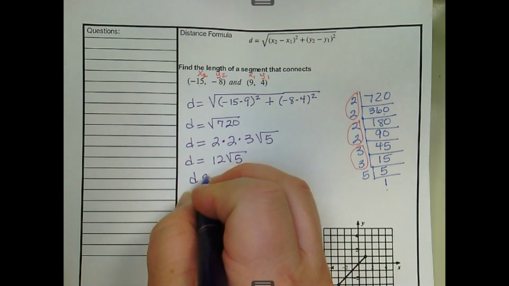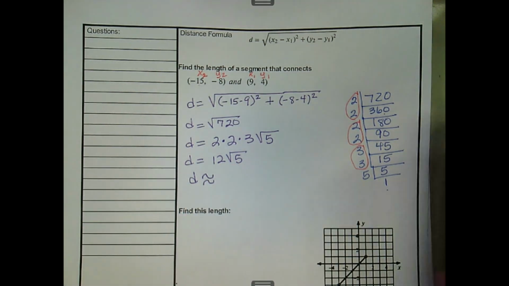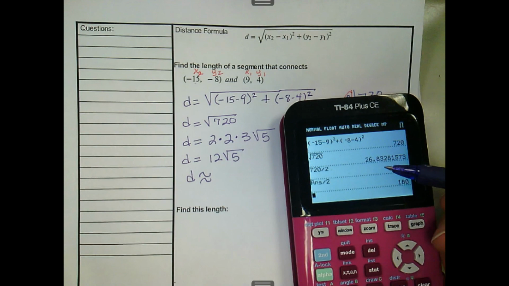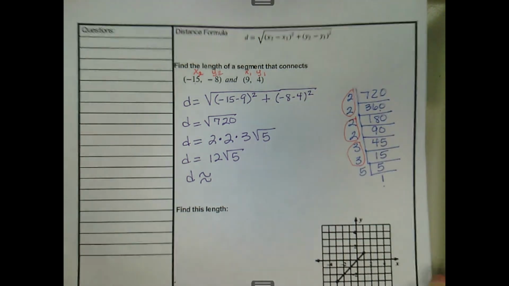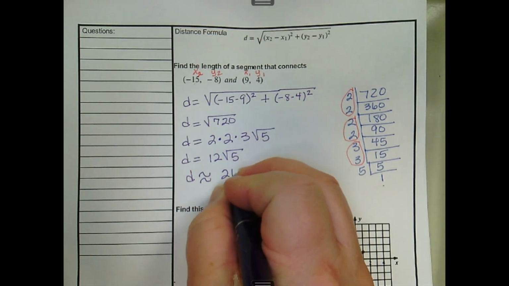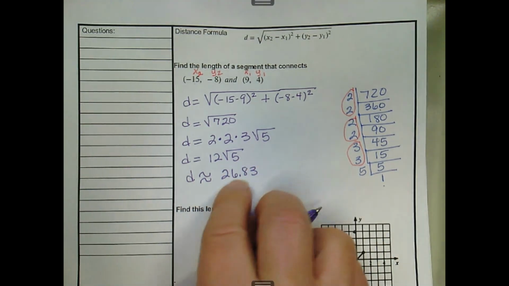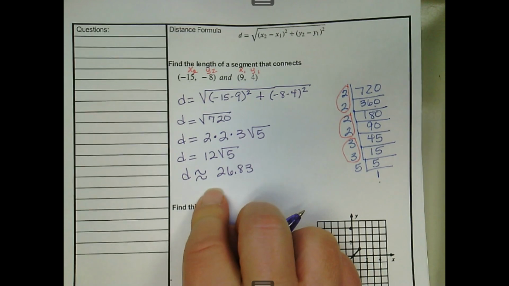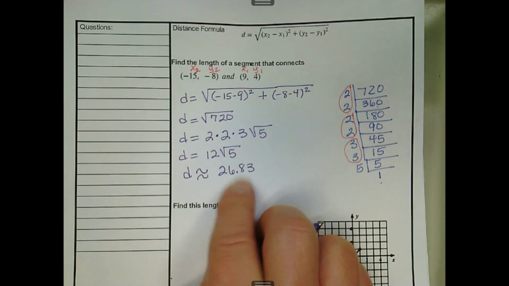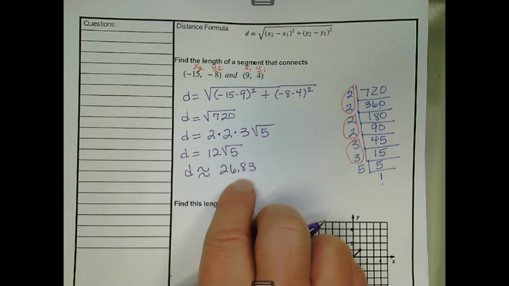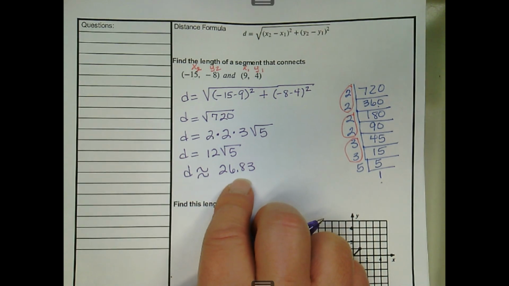Our distance is approximately 26.83. Now, we cannot say it's equal because we've rounded. This is your actual length. This is your approximated length.